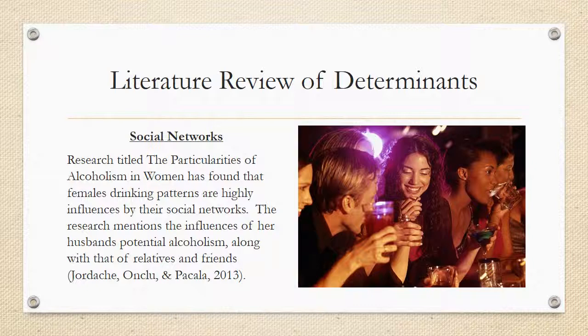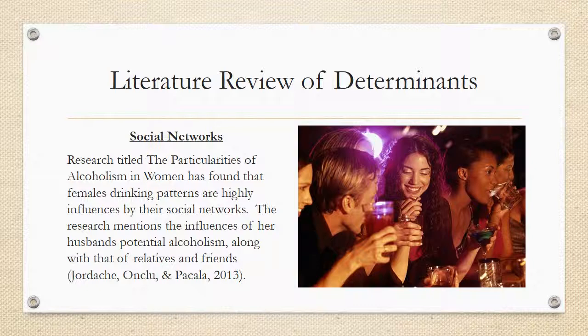So let's start looking at some of the determinants of alcoholism among women and some of the literature that I've reviewed. First, I came across social networks being a determinant of alcoholism among women. Research found that friends and family of women who have high levels of drinking have influenced women's drinking as well.